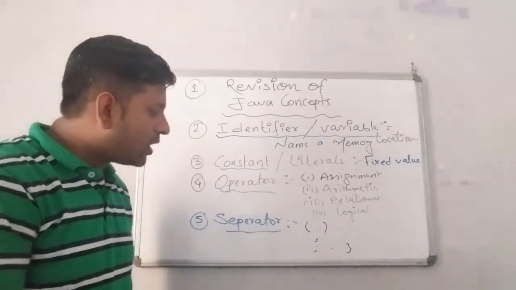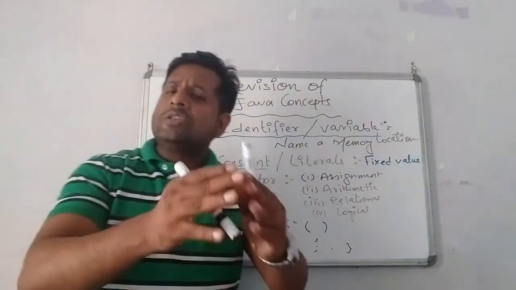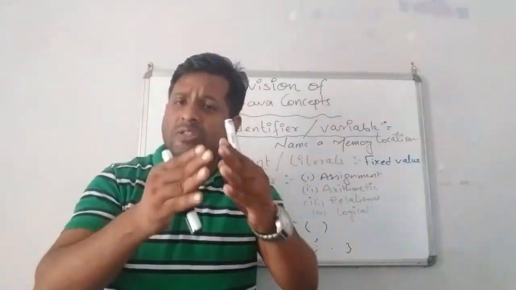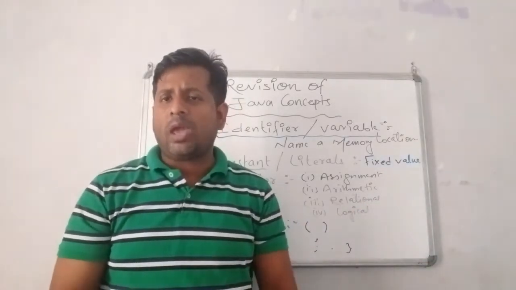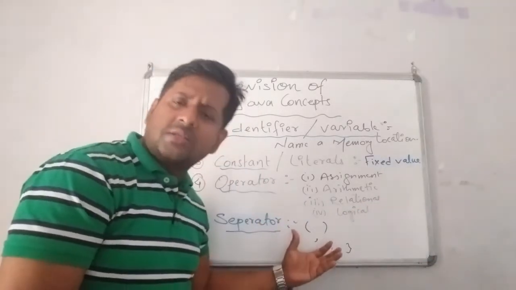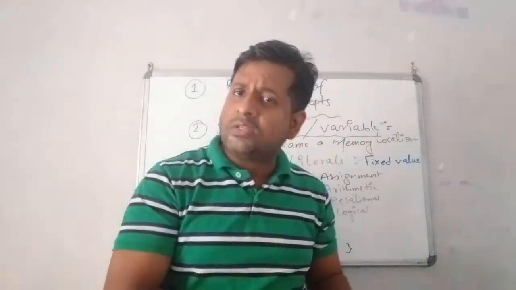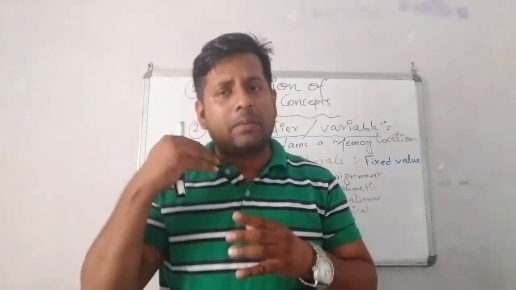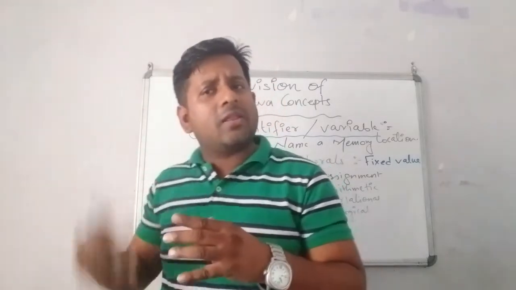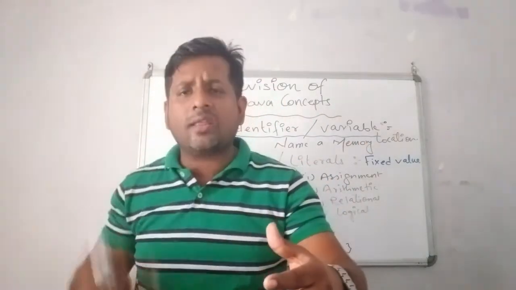They are used to separate the statements and the expressions. These are some symbols which are used in expressions or statements to separate between them. Separate one statement from another statement, separate one expression from another expression.